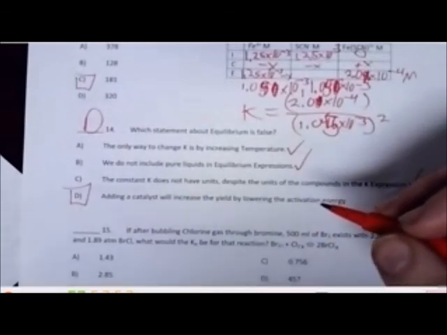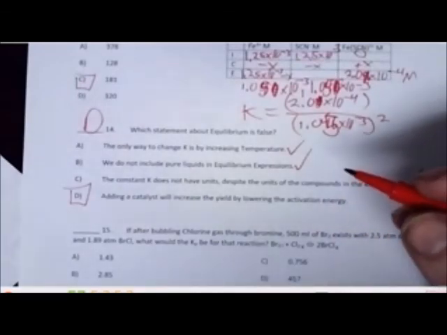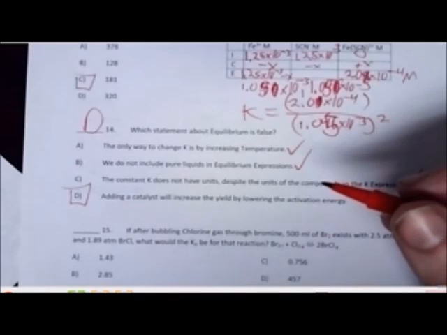And finally, 15. If after bubbling chlorine gas through bromine, 500 mL of Br2 exists with 2.5 atmospheres of chlorine and 1.89 atmospheres of BrCl, what would the Kp be? Kp is going to be BrCl squared over Cl2 because we cannot include the bromine liquid.